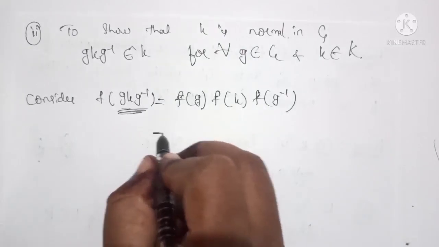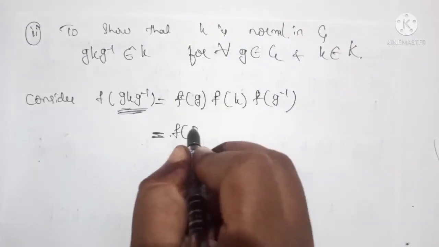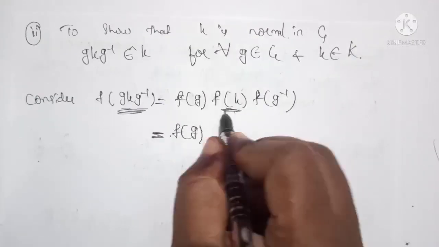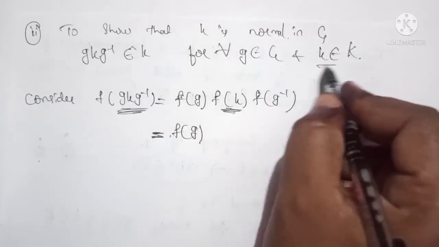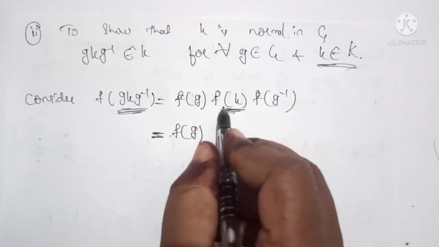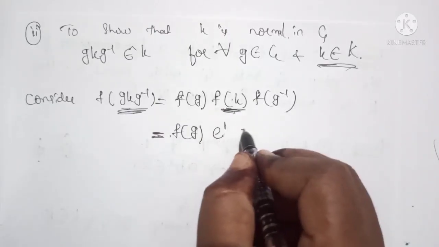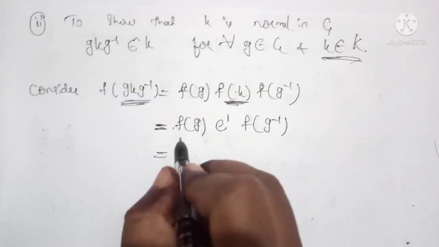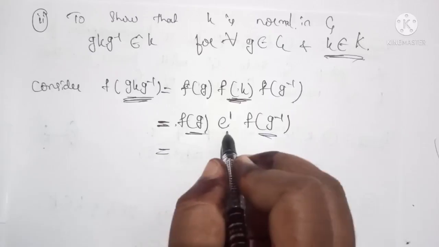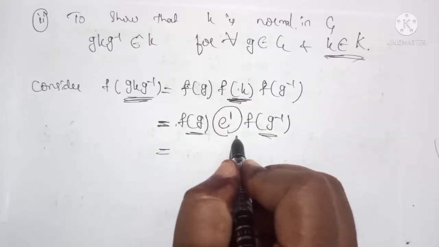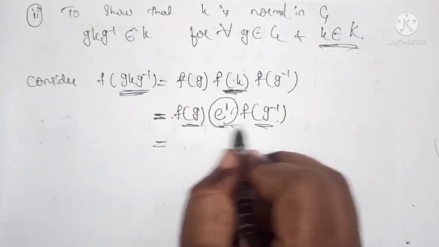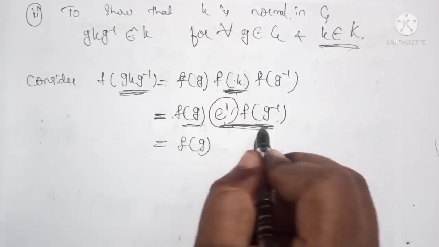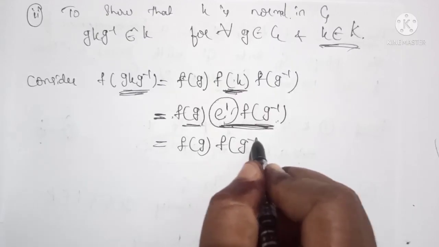So it equals f of G. Here this f of K, since K belongs to K, is E dash, into f of G inverse. Now if we operate the identity element with G inverse, we get the same element, therefore it can be written as f of G, f of G inverse.